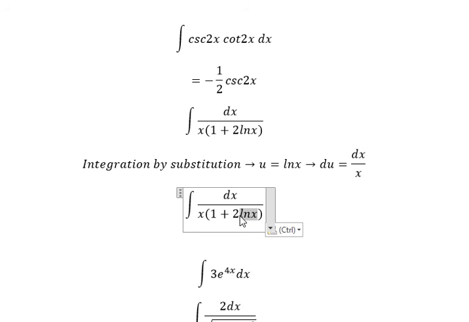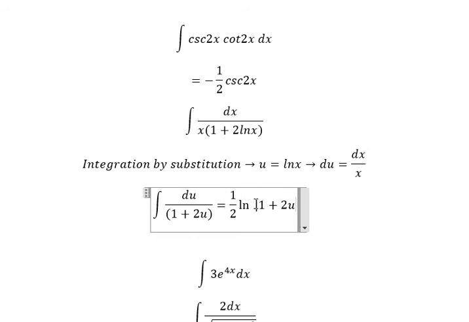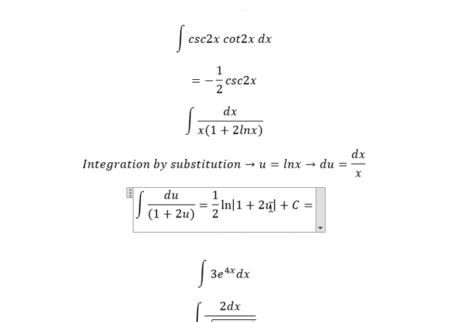This one we change for u. The 1 over s we change for the du. And we got 1 over 2 ln of the absolute value of 1 plus 2u. About u, that's ln s.